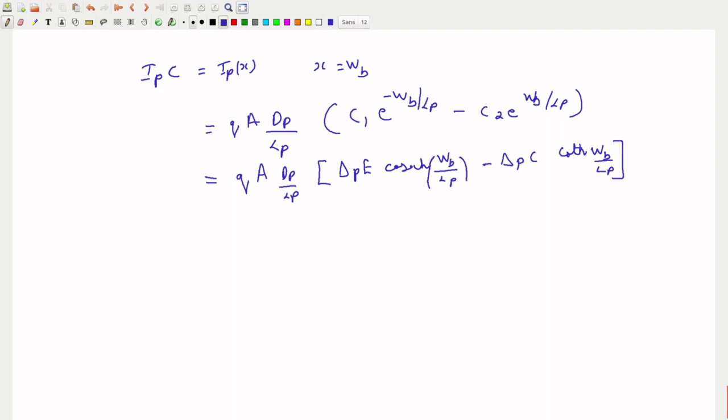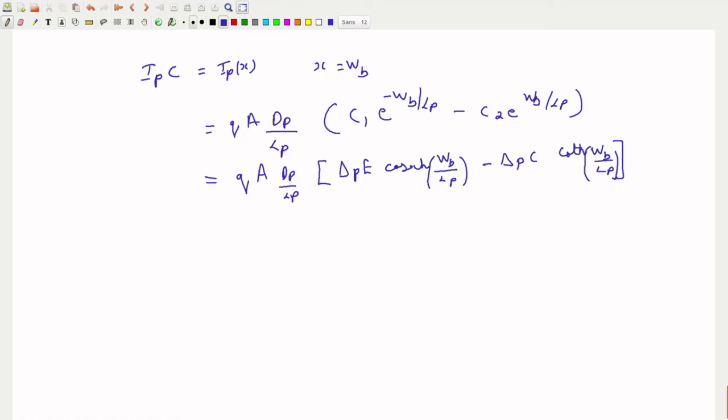Cosech Wb by Lp and coth Wb by Lp. The derivation is similar to the previous segment. That's why I have written just, substituting C1 and C2, you will end up at this point.